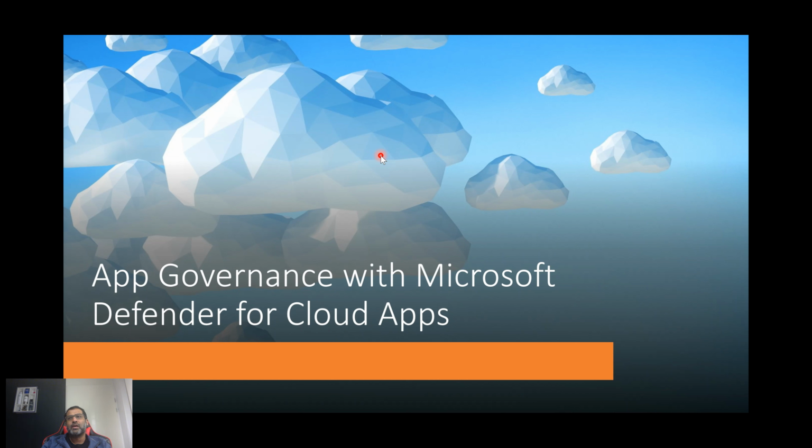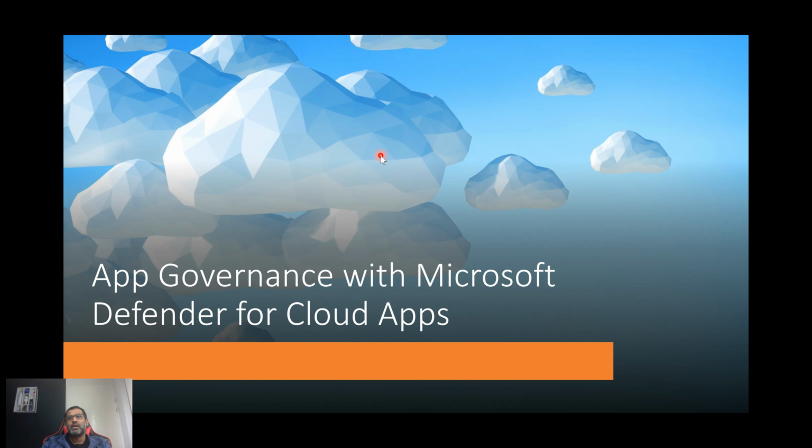But before going into the topic, I really wanted to talk a little bit about OAuth, which is open authorization. Even in the previous video, we talked overall about Microsoft Defender for Cloud Apps and its capabilities around protecting and all the security controls it has.